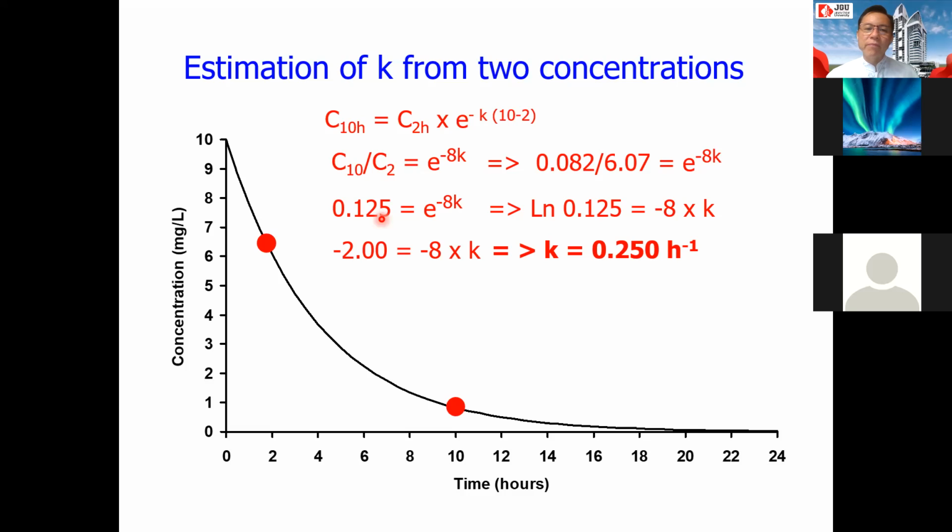What I mean is, let's say you want to get the half-life concentration, for example at hour 10. Here is half of here, so the concentration here is 0.5, and this one is 1.